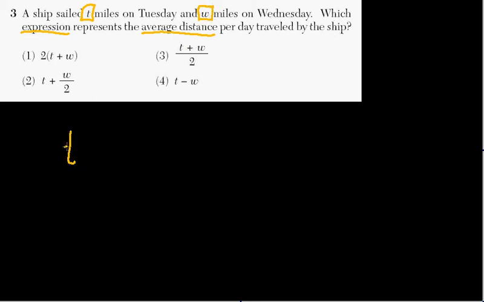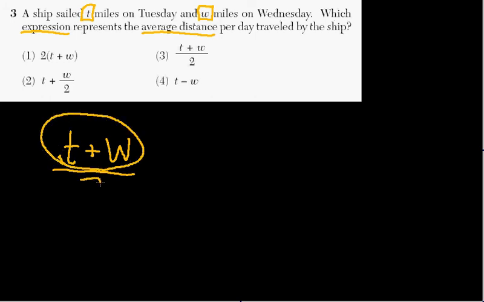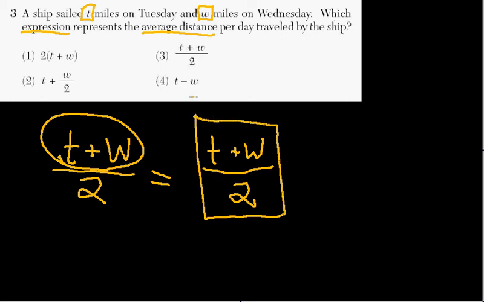So you'd have T plus W, and then you would divide them by however many numbers you have here. Well, we only have 2. We have T and W, so that's just 2, so we divide that by 2, and the answer is T plus W divided by 2. So that's the answer, and check it out, there is our answer right here.